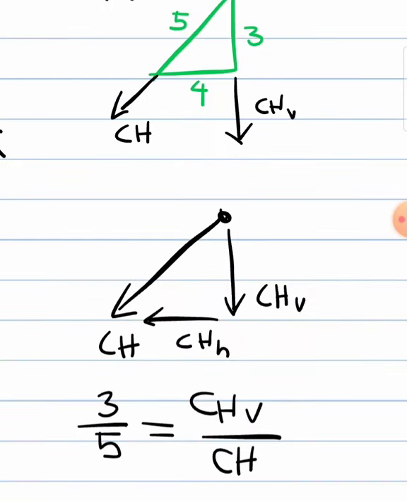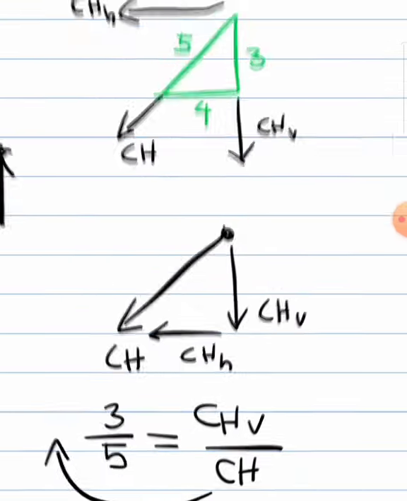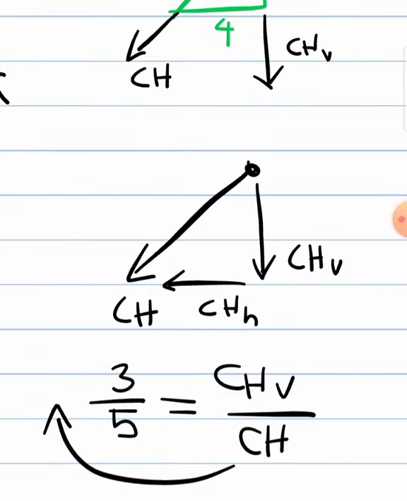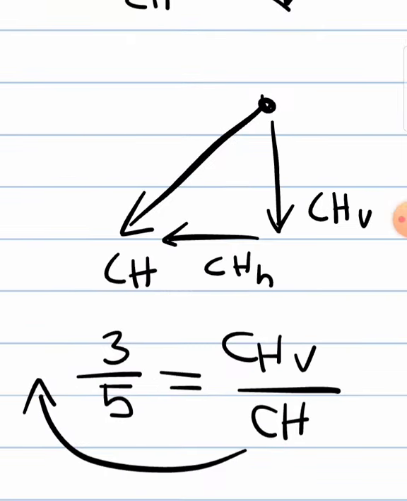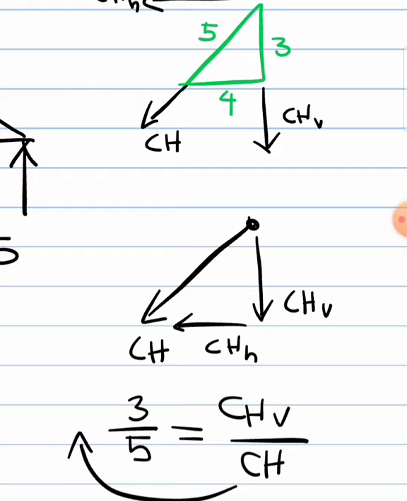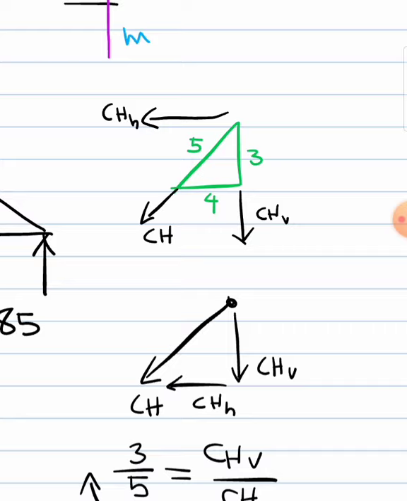Or in other words, if we move the CH here, we will have CHV equal to 3/5 of CH. That's how we get the vertical component of CH.